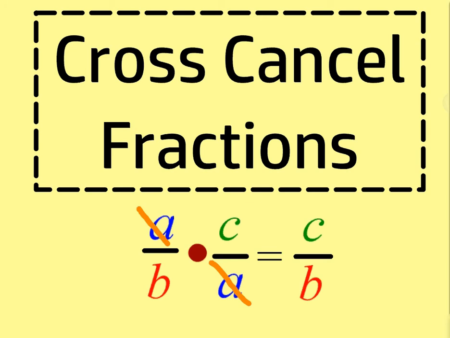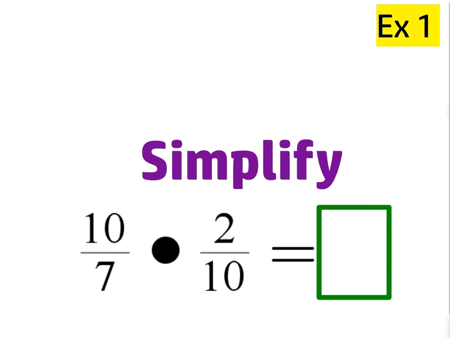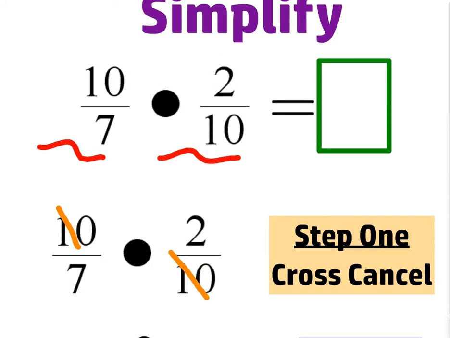Okay, let's go ahead and look at the first official example, 10 over 7 times 2 over 10. There's really not a whole lot going on, but I want to show you just a few simple steps in case you forget how to do these. Go ahead and cross cancel, and when I say cross cancel, I mean the numbers that are similar on the top and bottom.